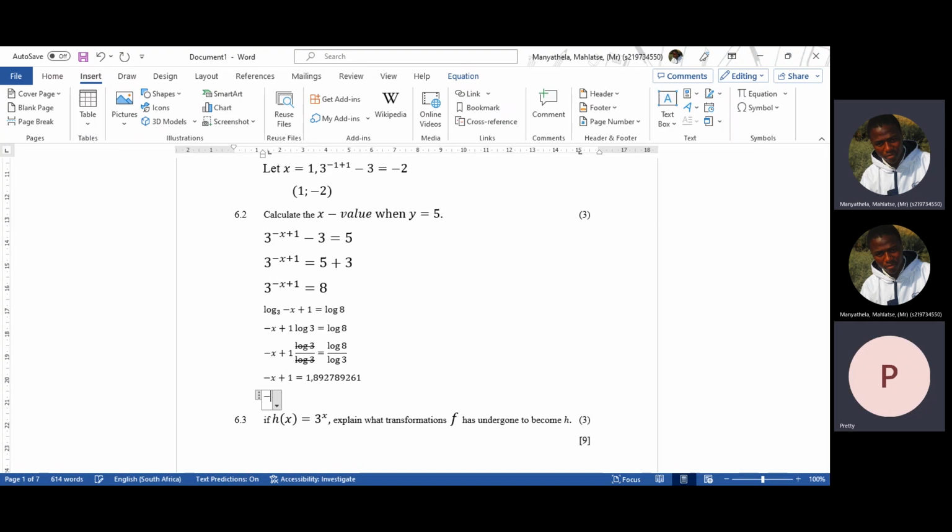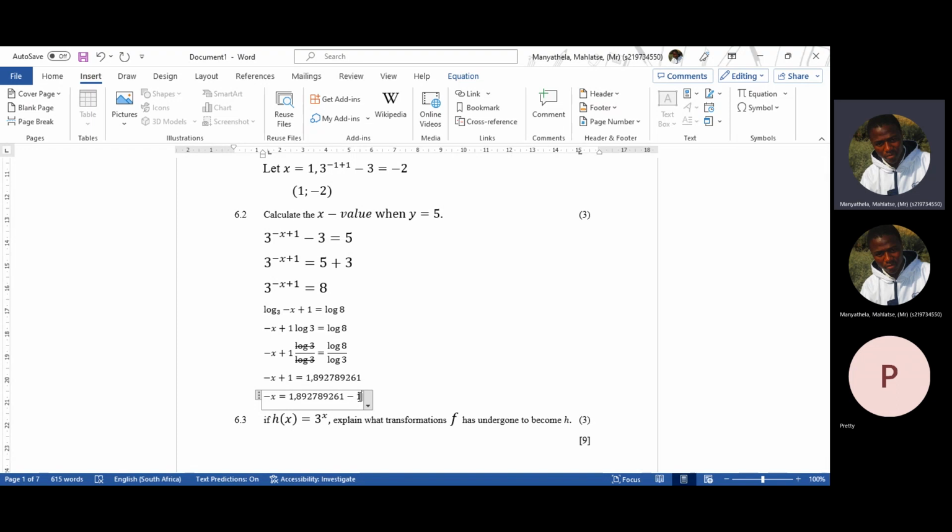So okay, in the next step, we're going to transpose the plus 1 to the other side, meaning that we're going to have negative x equal to 1.89278261 minus 1. Bear in mind that while you're still on the steps, you cannot round off this number. Just write it as it is, because if you round it off, it will ruin your answer.